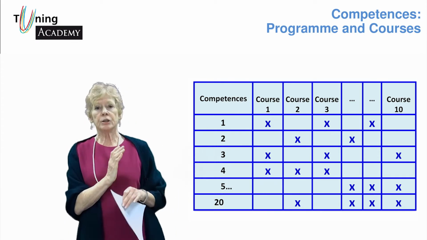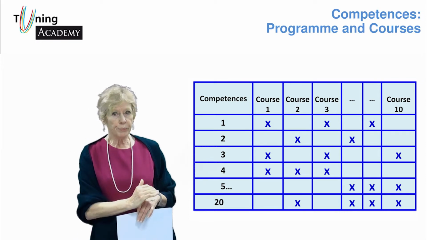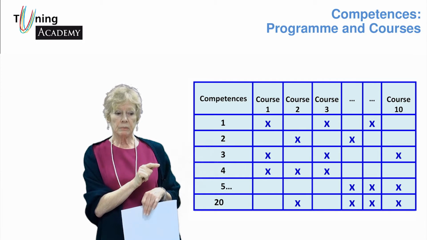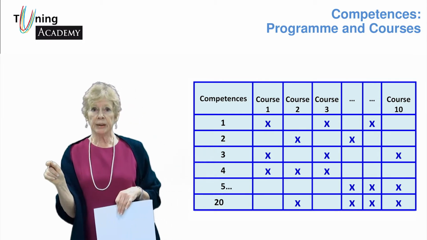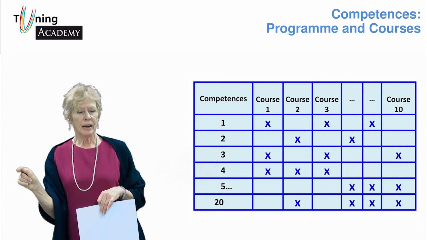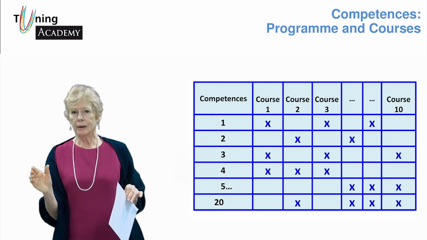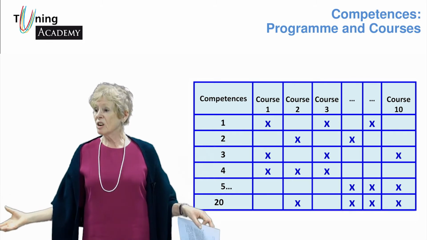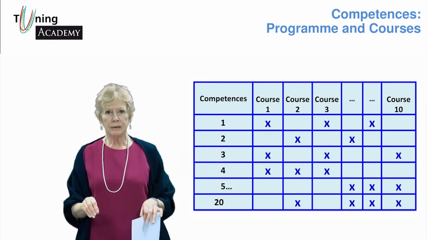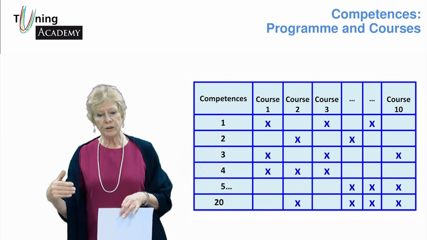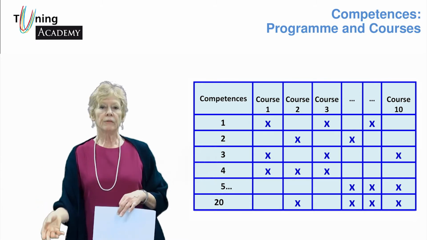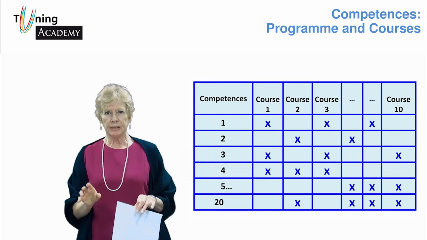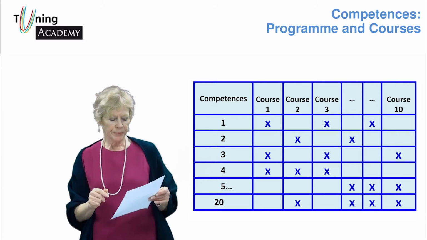Now, each of the program competencies must be developed in some of these courses. And of course, you can only decide how you're going to share them out by the staff sitting together and deciding which of them are appropriate for the courses they are teaching. So it is a collaborative decision-making process.